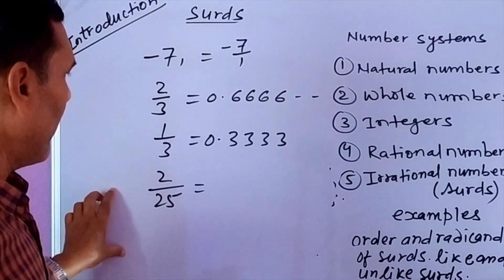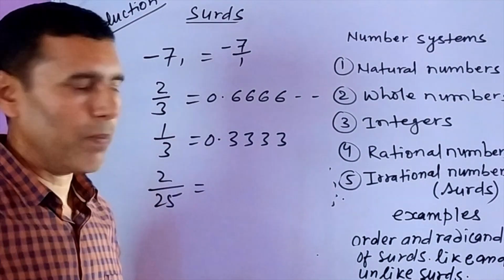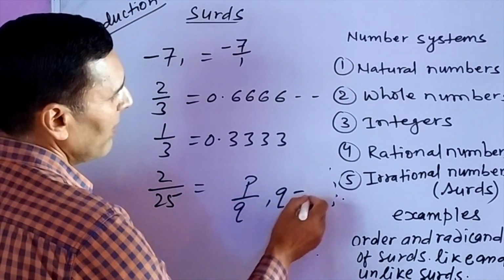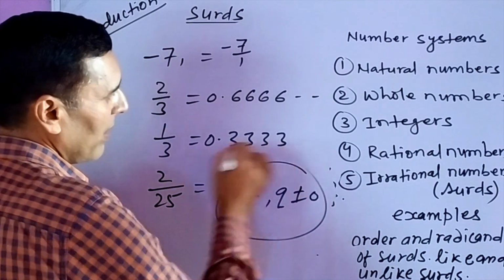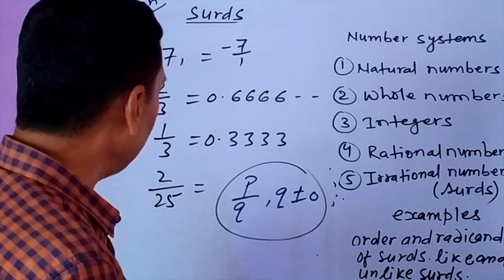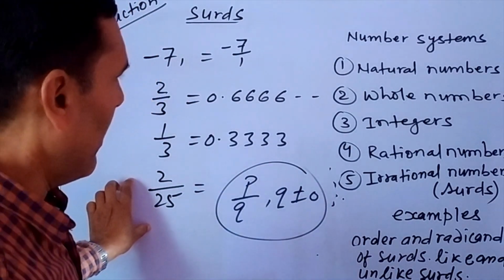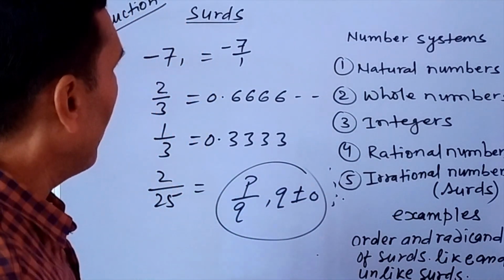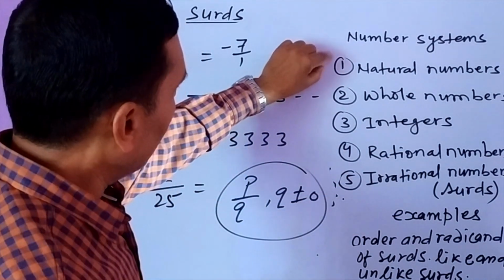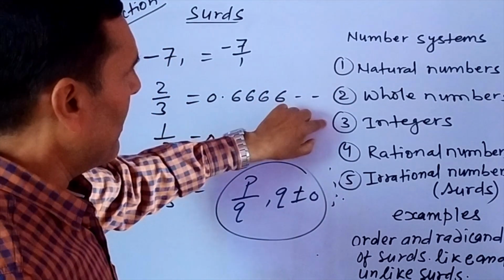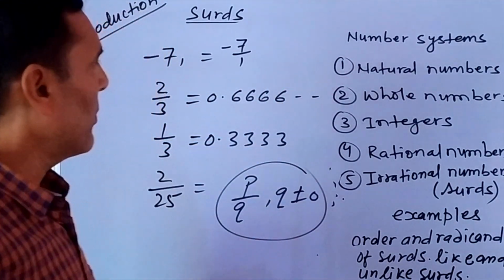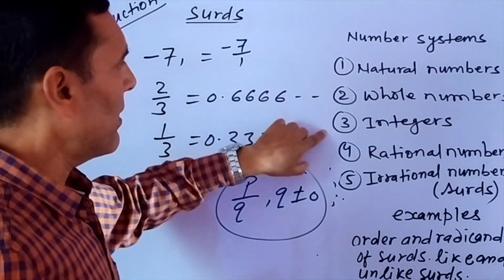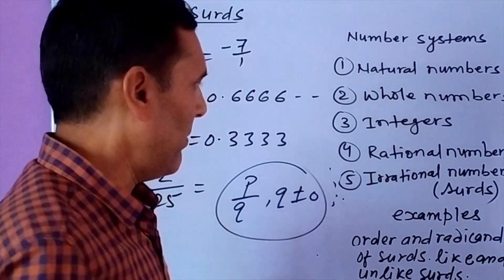And these types of decimals or fractions are in the form of p by q, but q should not be 0. If the denominator is 0, then mathematically it is undefined. So these types of numbers are included in rational numbers, including natural numbers, whole numbers and integers as well. So rational numbers include natural numbers, whole numbers, integers, fractions and decimals.